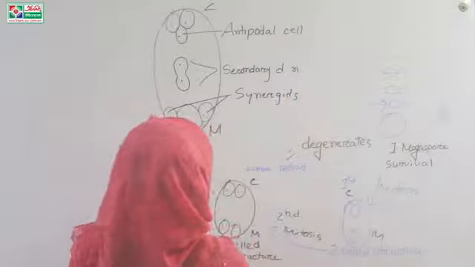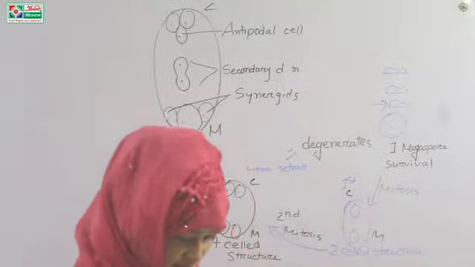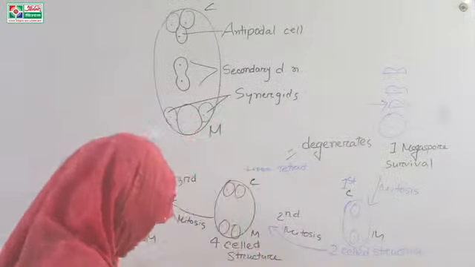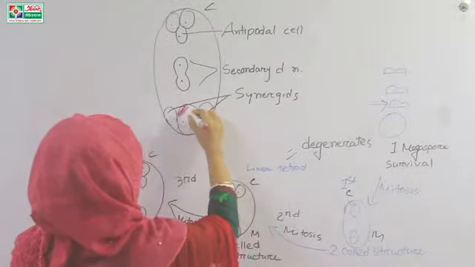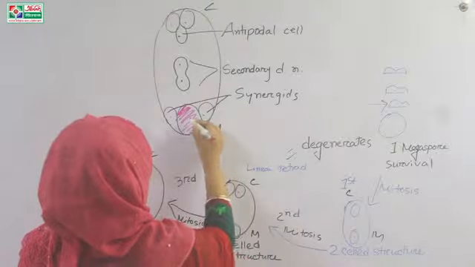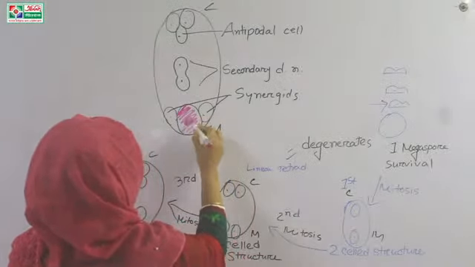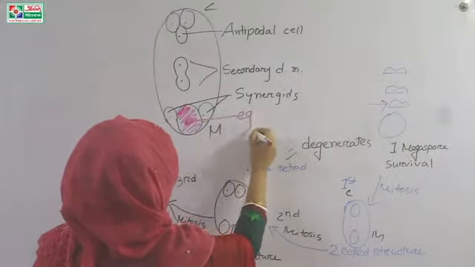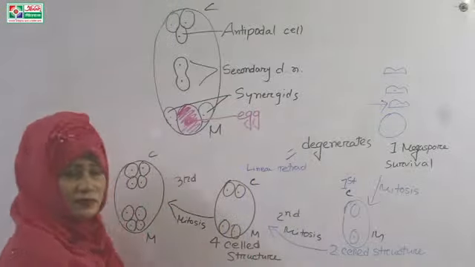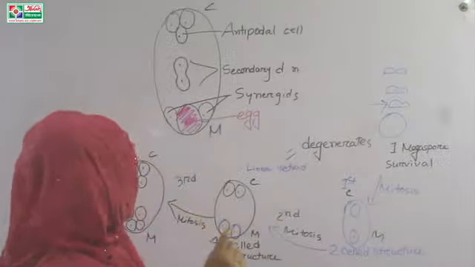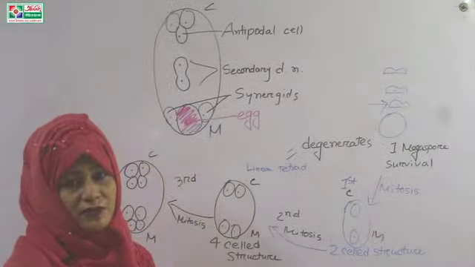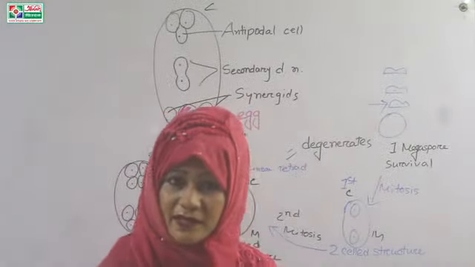Synergids. Okay. And the central cell... choose the micropylar end. The central larger cell is known as the egg cell.